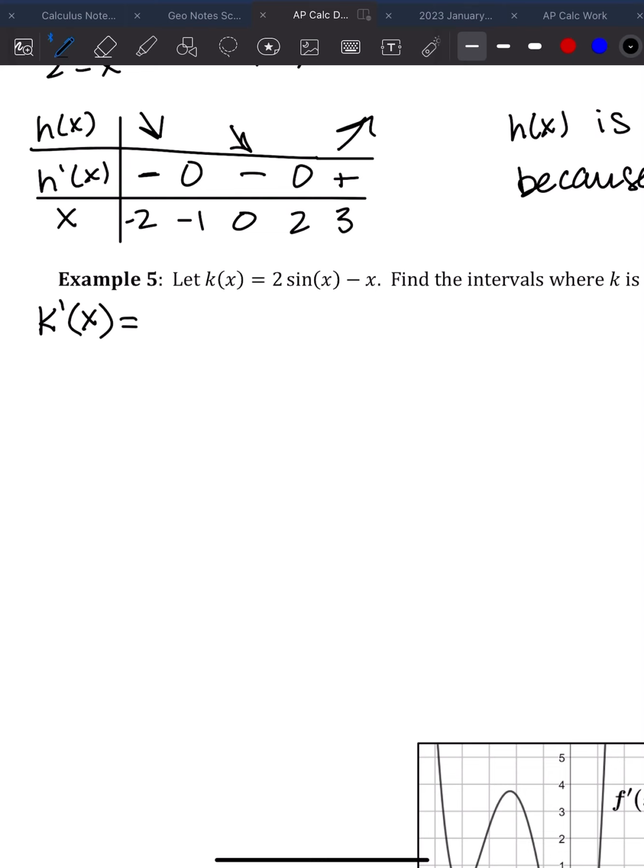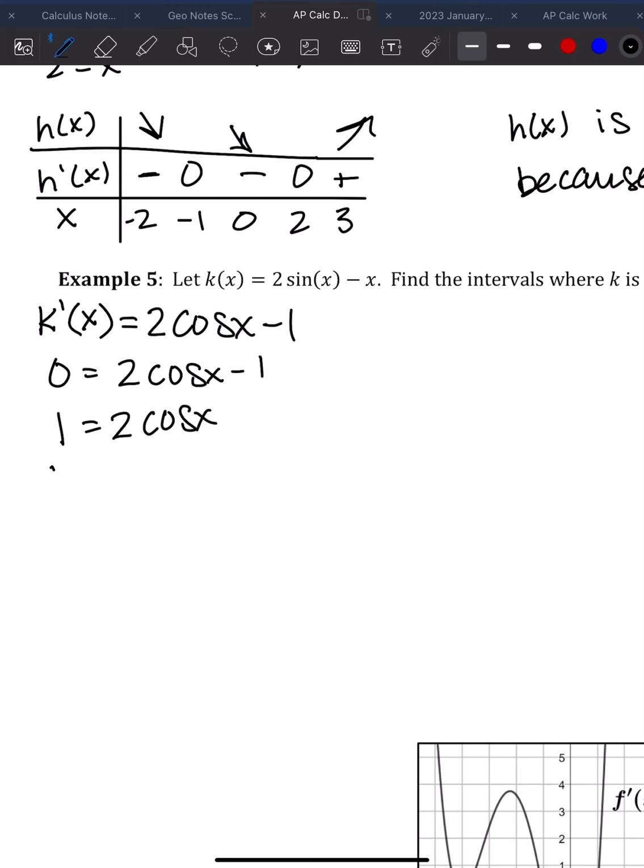The derivative of sine is cosine of x, and the derivative of minus x is a minus 1. So we're going to set this equal to 0: 2 cosine of x minus 1.